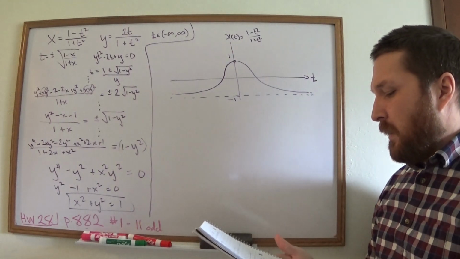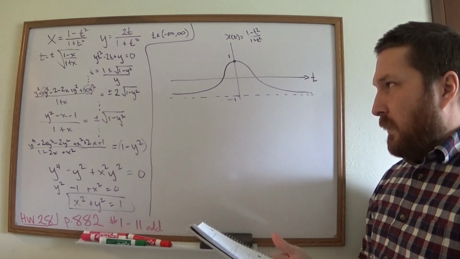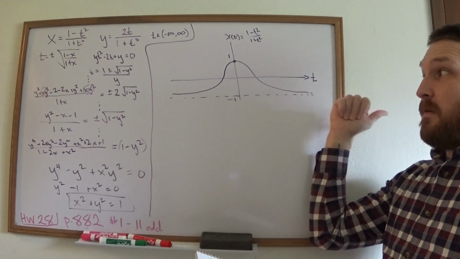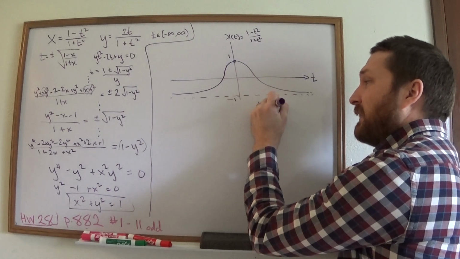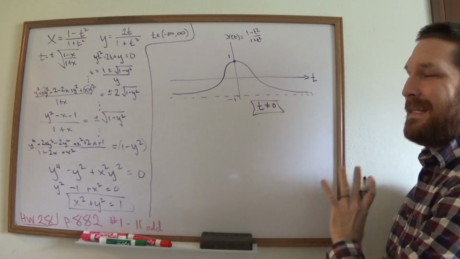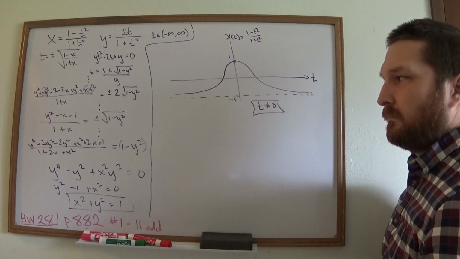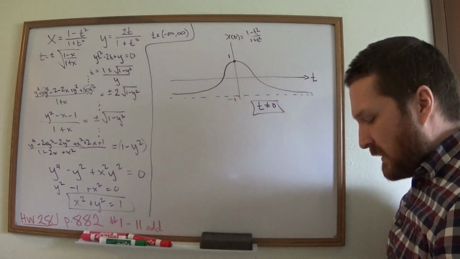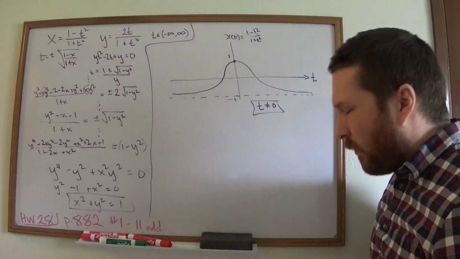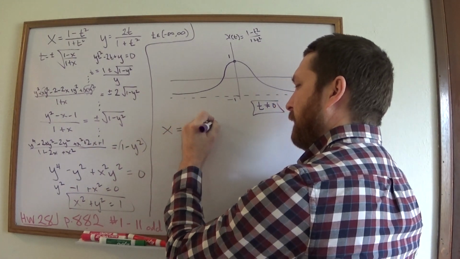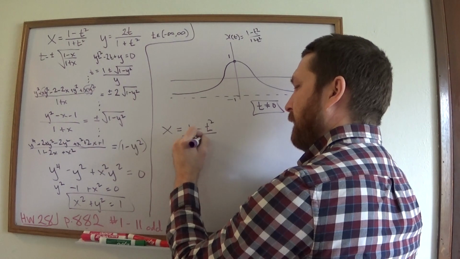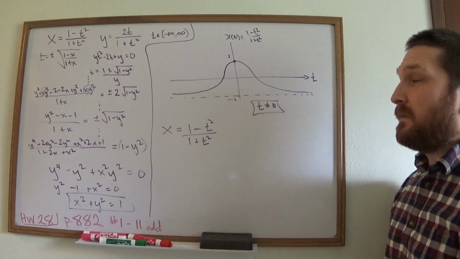Okay? Now, let's suppose that t is very, very, very large. Then we're talking about times when t is not equal to 0. If t is not equal to 0, watch what we could do. I could divide by t.